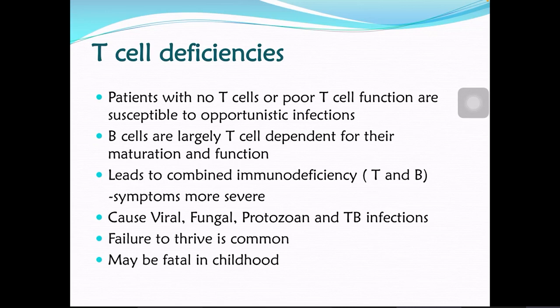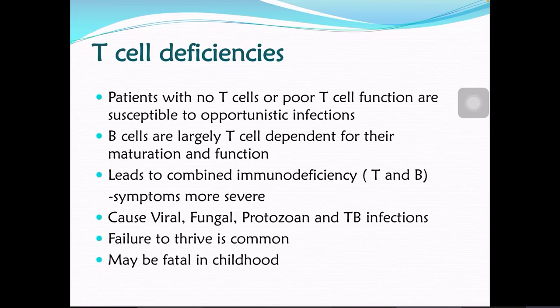Now, if you remember the pluripotent stem cell and how it differentiates, you will recall that the development of the B cell is largely dependent on the T cell, mainly for its maturation and function. So if a patient is T cell deficient, then the patient will end up with a combined immunodeficiency because the B cell maturation and function is dependent on the T cell.